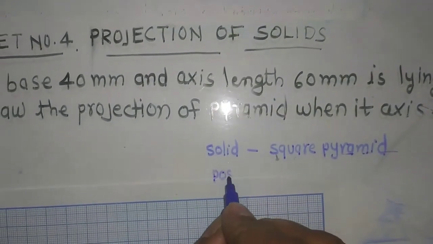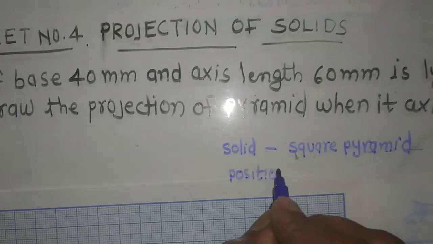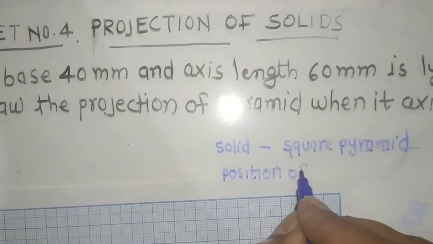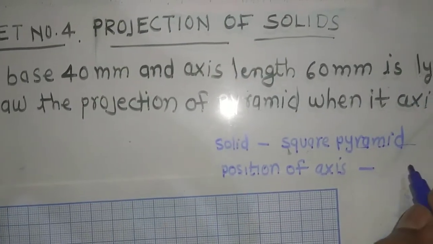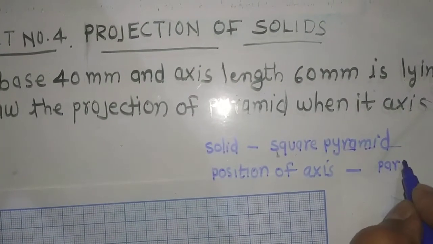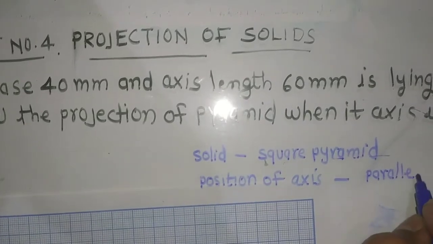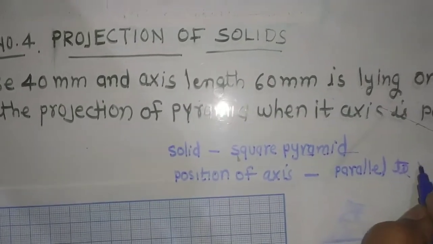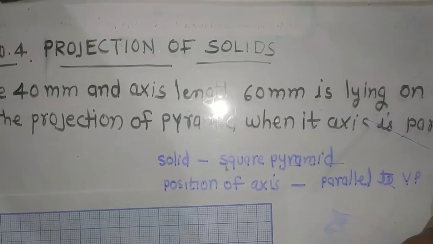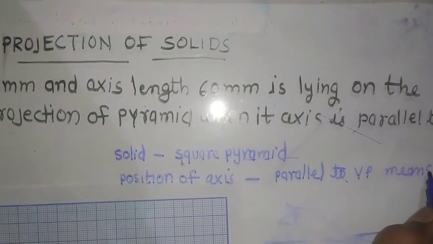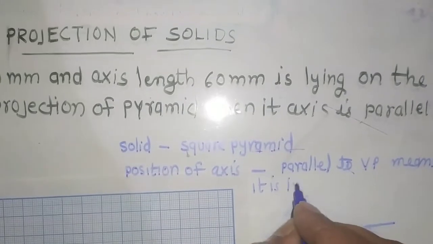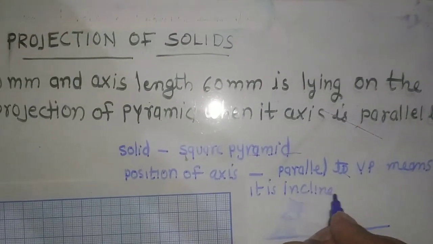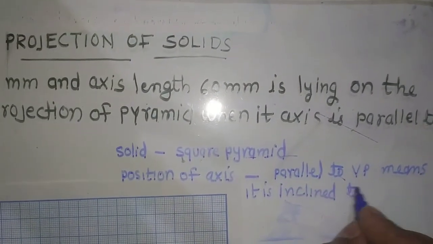Position of axis: parallel to VP, means it is inclined to HP.